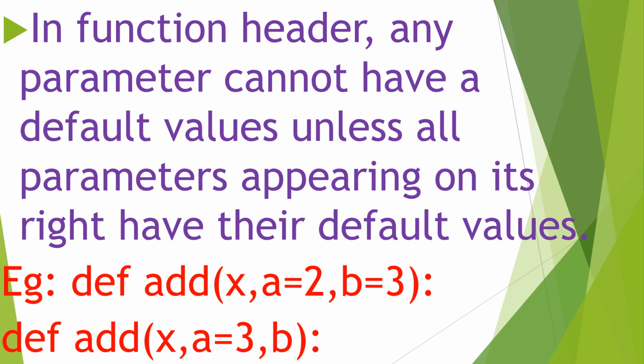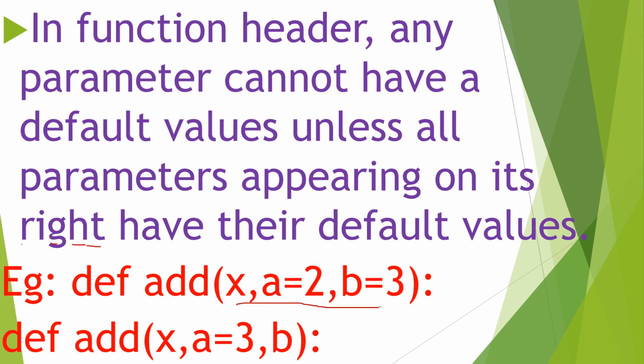While defining default parameters, we must remember this rule: in a function header, any parameter cannot have a default value unless all the parameters appearing on its right have their default values. As shown in the first function header in the example, three parameters are given.